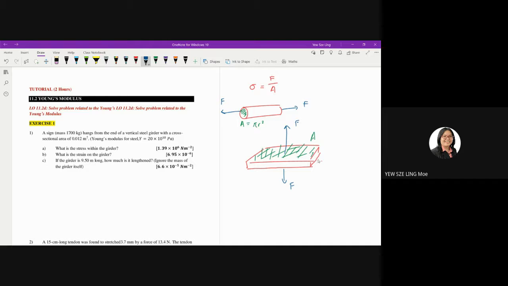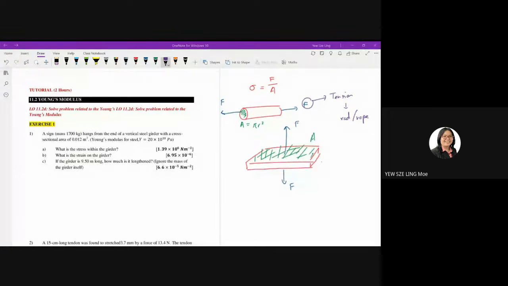Now, one more thing. When it comes to a rod-like object, the force here usually refers to tension. It refers to the tension of the object. So you need to know how to calculate tension, like what you have learned in chapter 4. If you have a rod-like object or a rope, most of the time in this chapter we are going to deal with a rope, because you're looking at a hanging object.